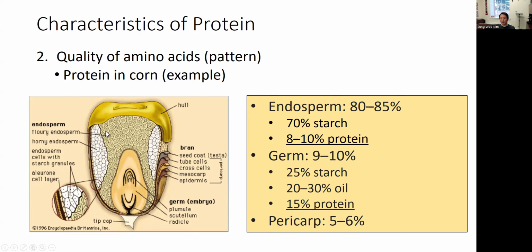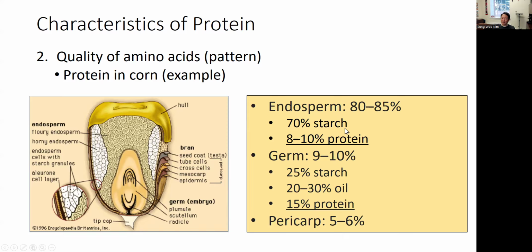Depending on the components making a kernel of corn, you can see different nutrient composition. If you look at the endosperm, it takes the largest portion of the kernel of corn. So 80% and more of the corn is endosperm.